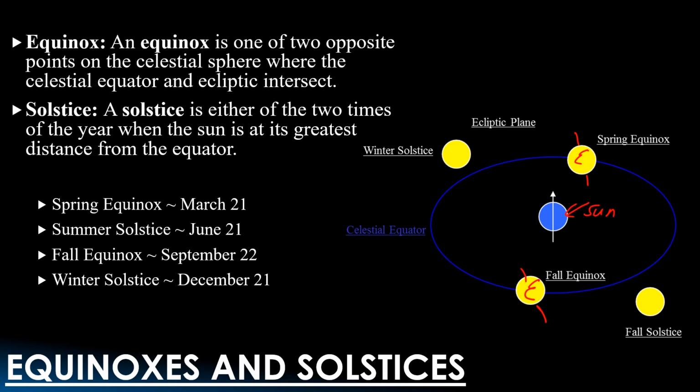Now the solstice is either of two times of the year where the sun is at its greatest distance from the equator. And I'll show you what that means in just a second.